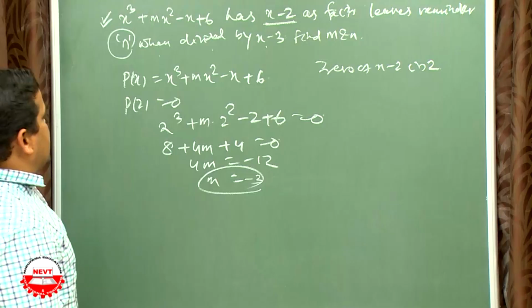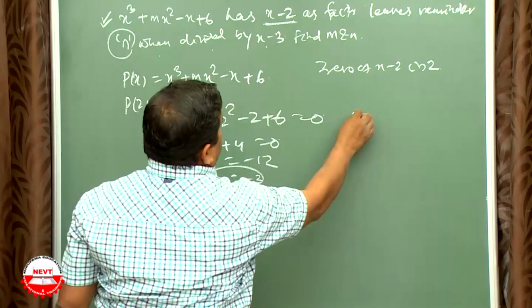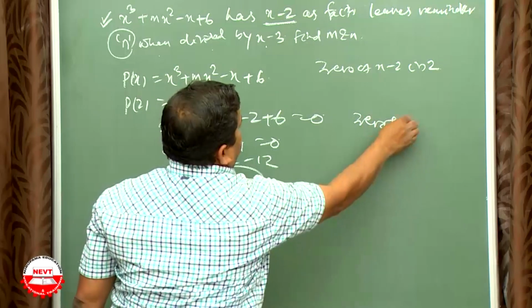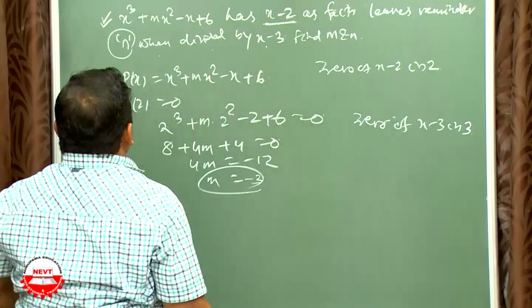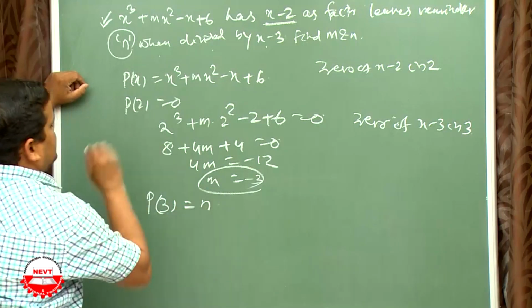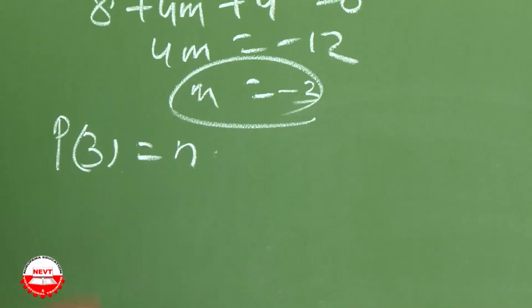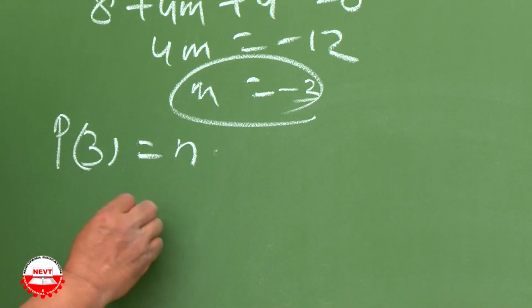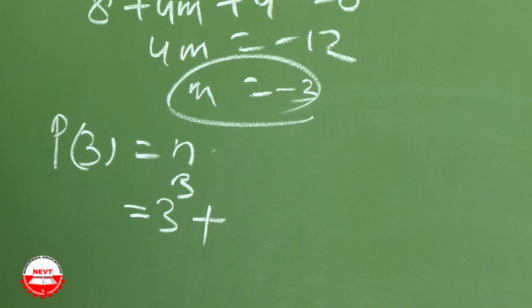It's okay? Now it leaves remainder n when divided by x minus 3. That means the zero of x minus 3 is 3. So P(3) is equal to n. That means substitute here. That is P(3) is equal to 3 cube plus m x square.